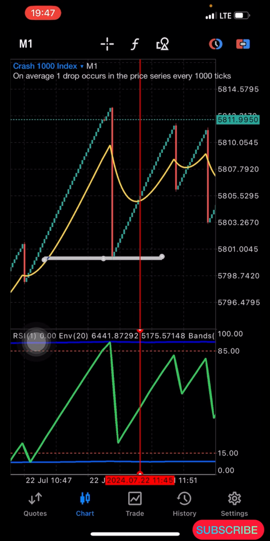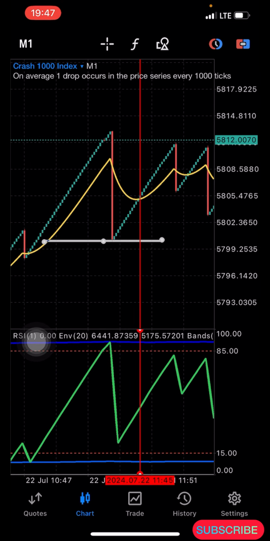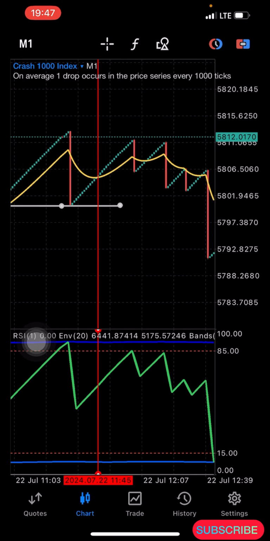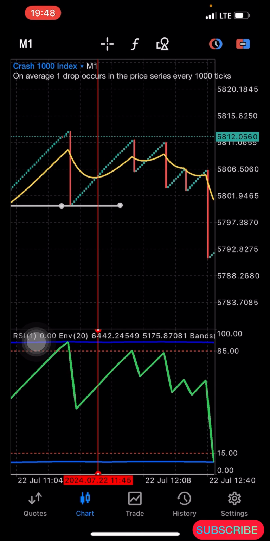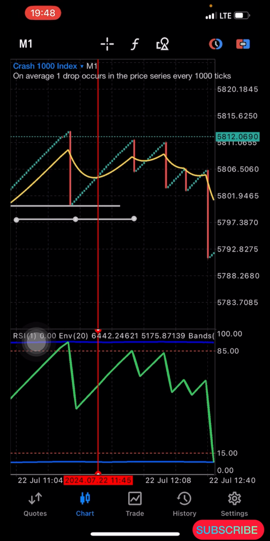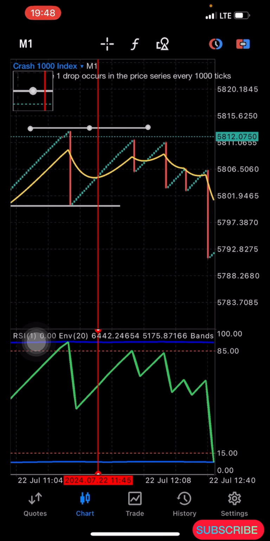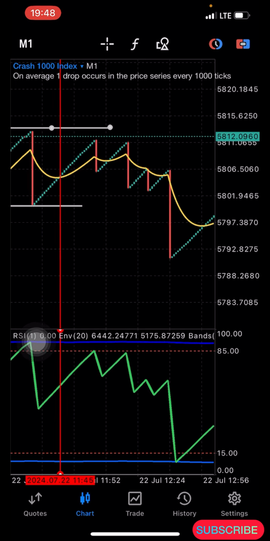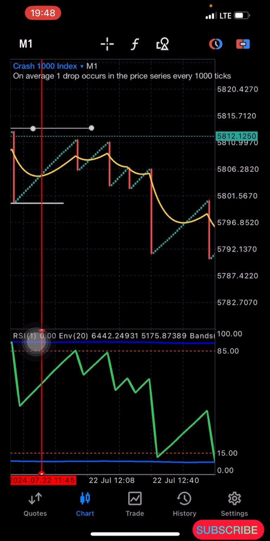So once it spikes like this, once you see this spike, you go in, you place your stop loss above. Let's say your stop loss is at this area, then you are going to hold till it gets to the oversold level here.